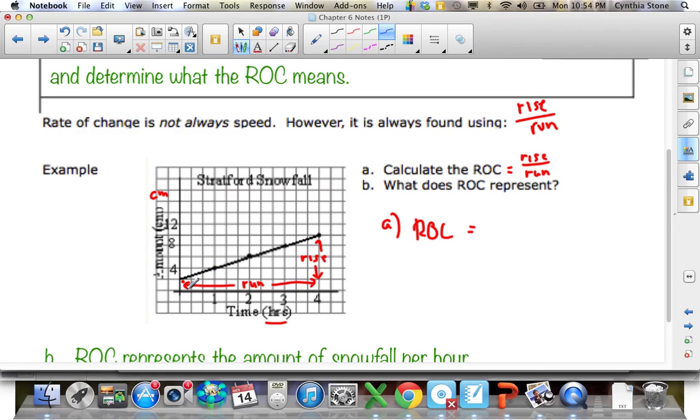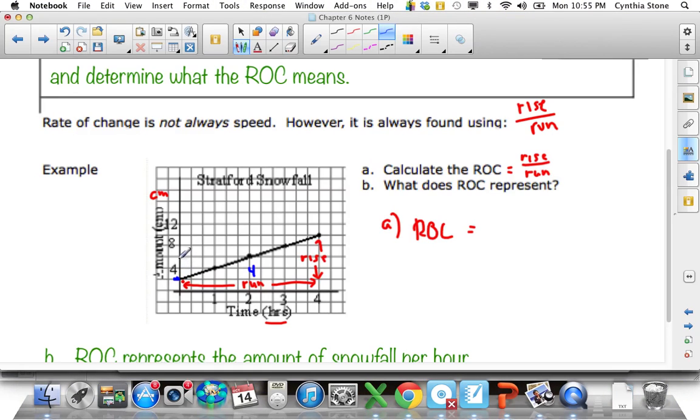So the run, it starts at, let's see, it goes up by 1, 2, 3, 4. So run is 4 hours. And the rise, it's starting right here. Let's see how this graph works. It goes 0, 2, 4, 6, 8, 10.